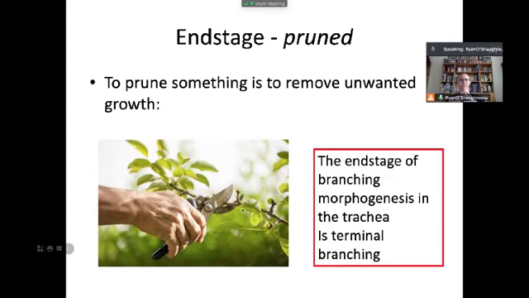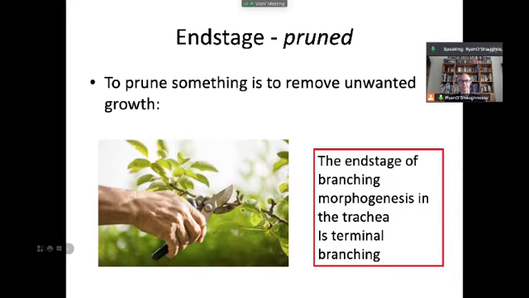And then the end stage is a mutant called prune. And in case you didn't know, to prune something is to remove unwanted growth. So you typically prune a plant to get rid of growth and allow it to grow again the next season. And the end stage in branching morphogenesis in the trachea is what's called terminal branching, because we don't want that iterative process of elongation and branching to happen continually.